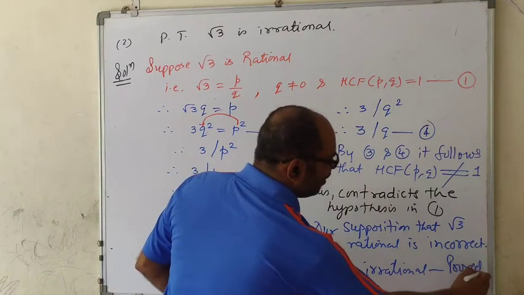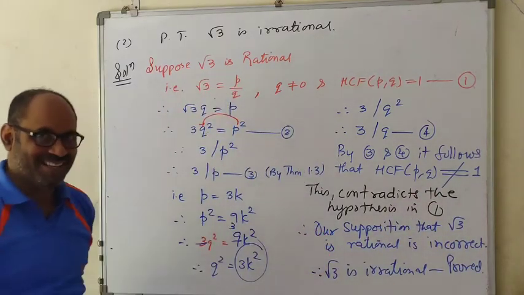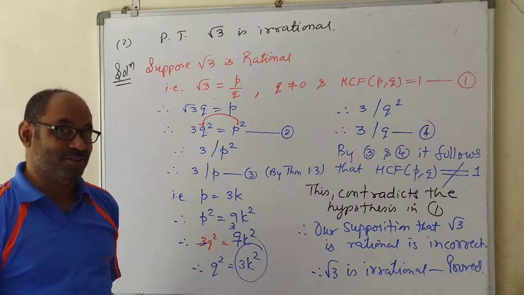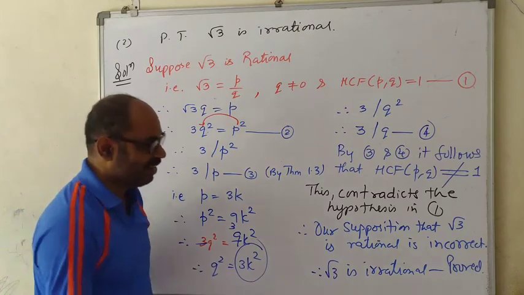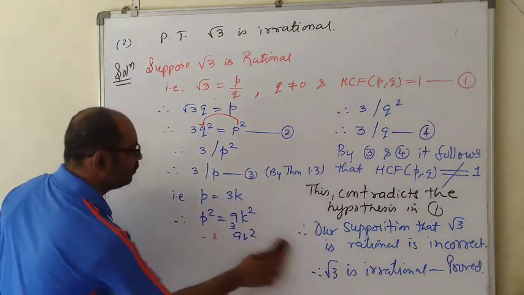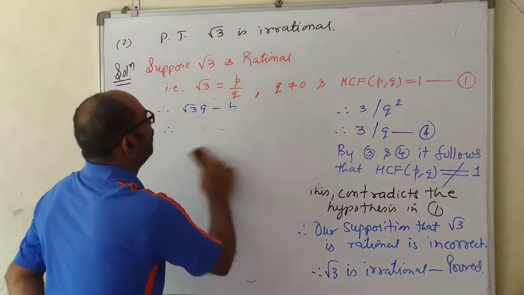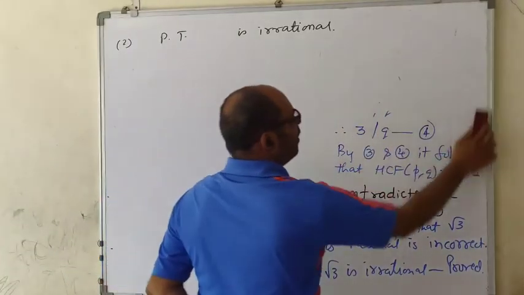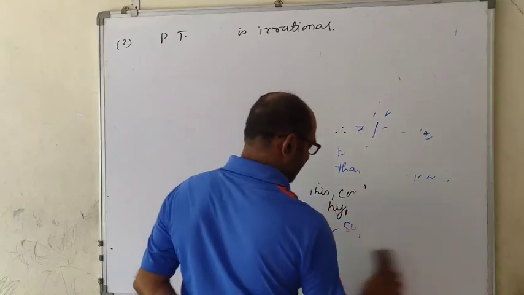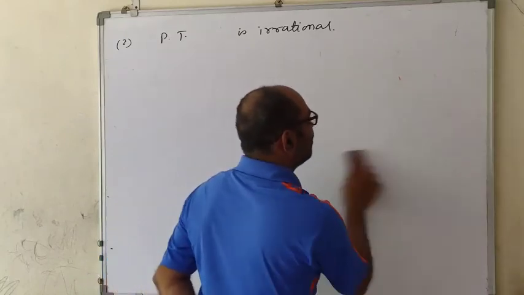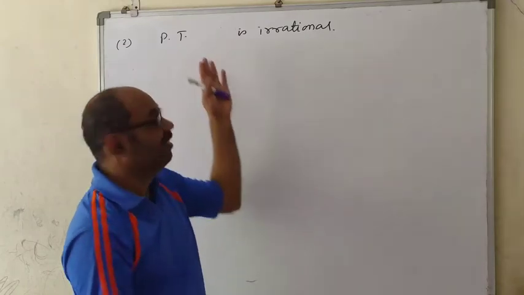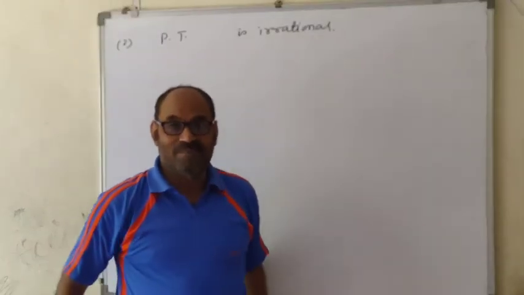Proof. Did you understand? Do you need one more example? Yes, I think so. So let's see. Prove that it is an irrational number.